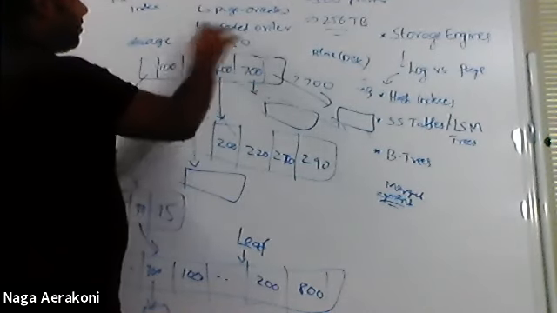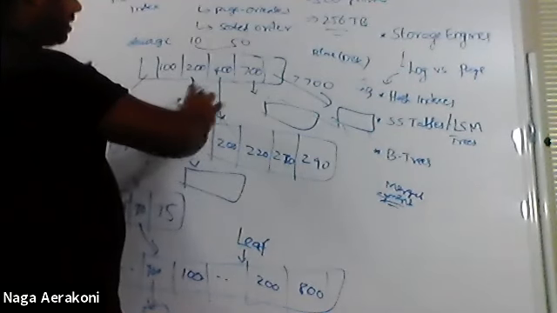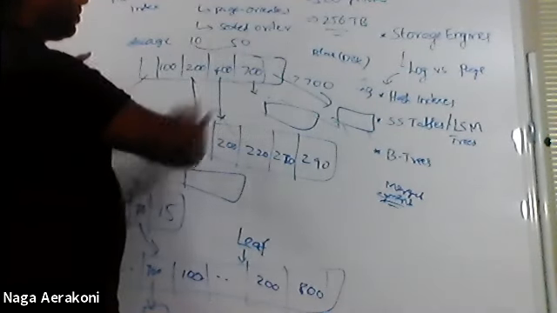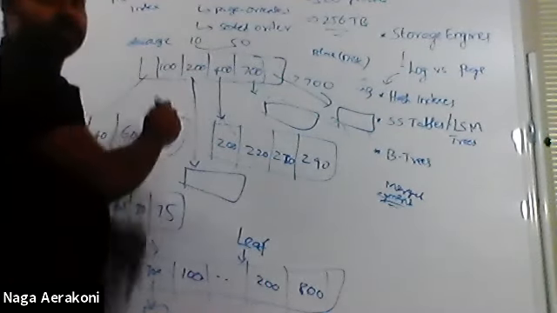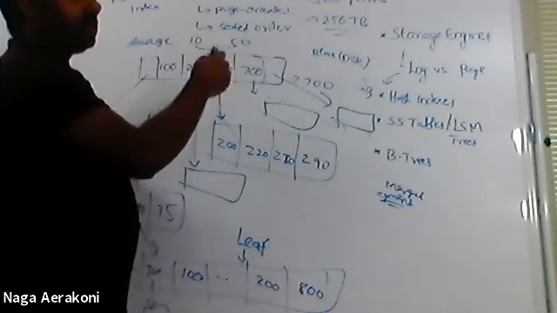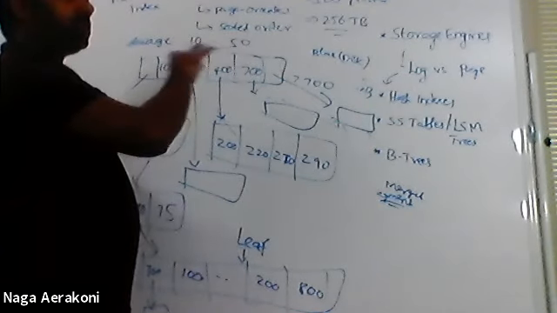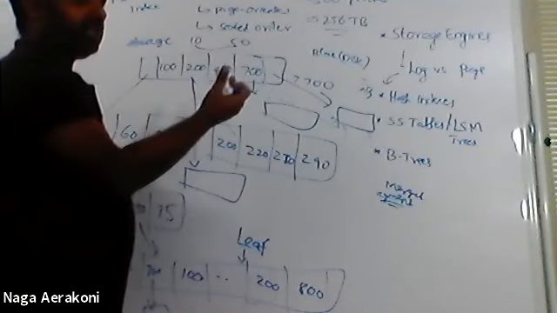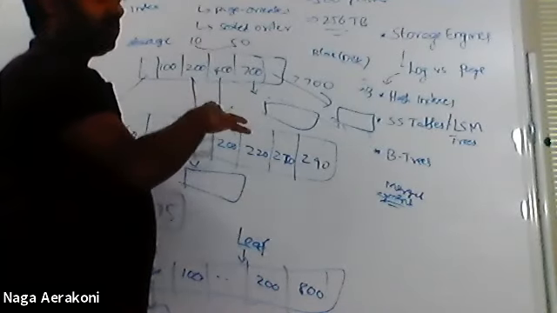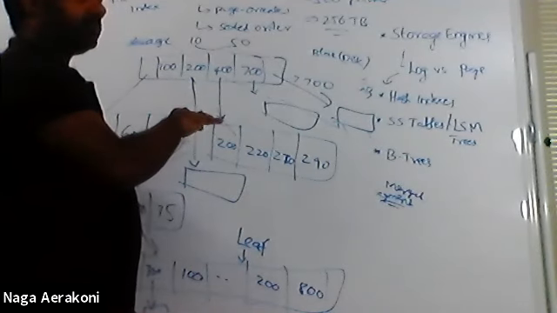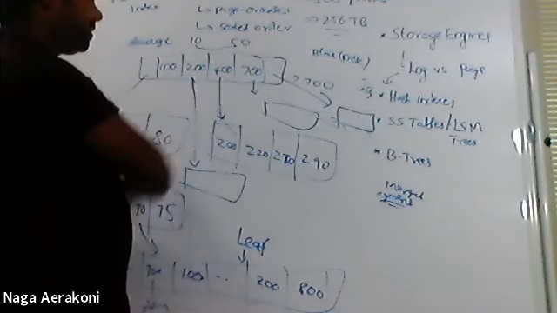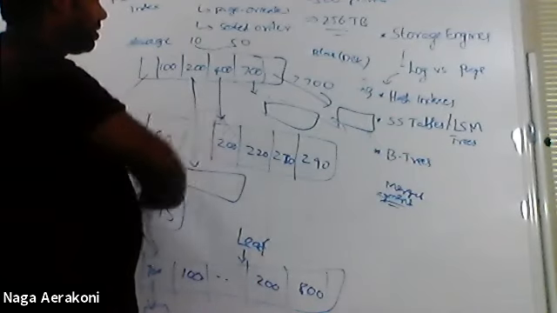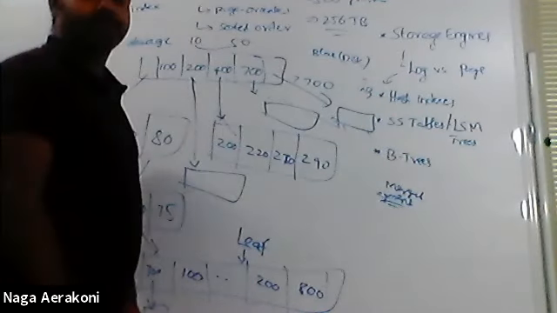So B trees are efficient at fulfilling this kind of range queries. Whatever you use in the where condition, if you have already indexed that data using B trees, they are still efficient in retrieving the range queries.